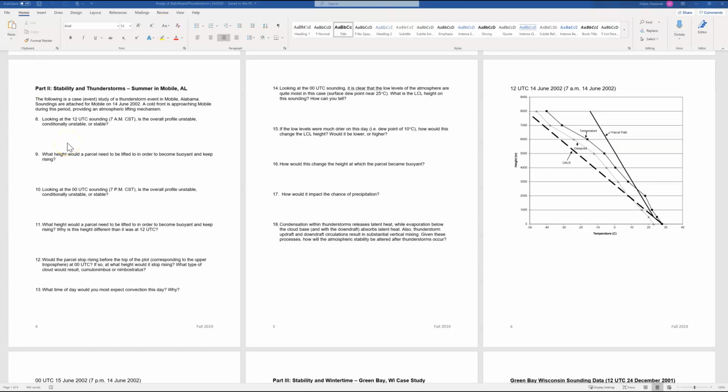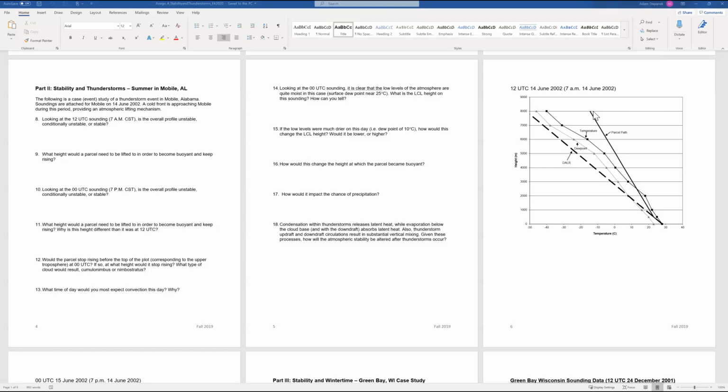And so the one thing that I'm going to really strongly recommend you look at to help you through this portion of the homework is your last lab on stability. Look, for instance, at how we indicated whether a profile was stable, unstable, or conditionally unstable. For instance, when we didn't consider moisture, in other words, the entire time it cooled at the dry adiabatic lapse rate, and then a second time we considered moisture where we hit a lifted condensation level and then cooled at the moist adiabatic lapse rate, were they different in regard to the temperature of our parcel versus the atmosphere?